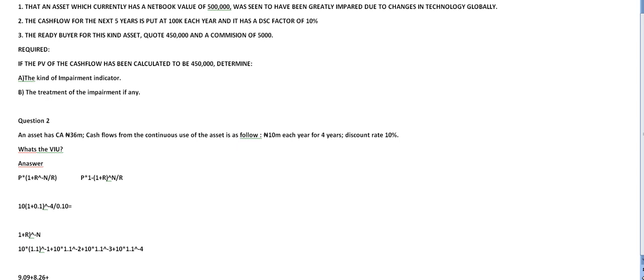Okay. What was 1.1 raised to power minus 3? 0.7513.